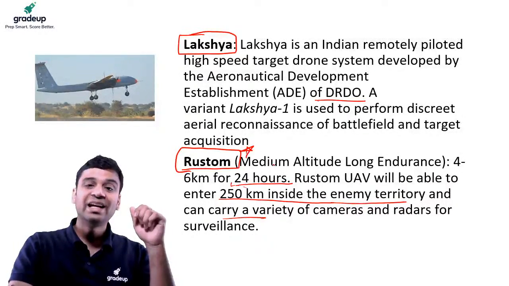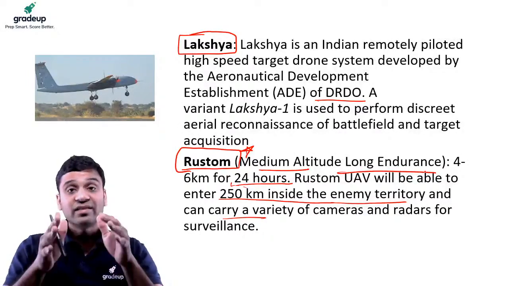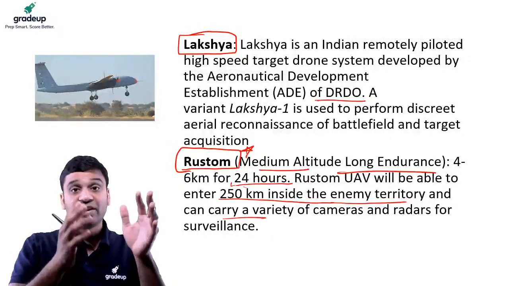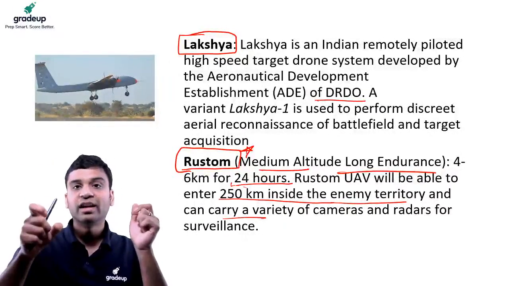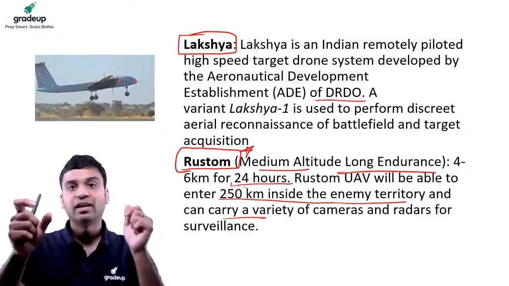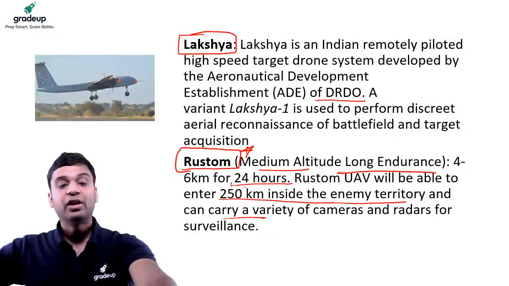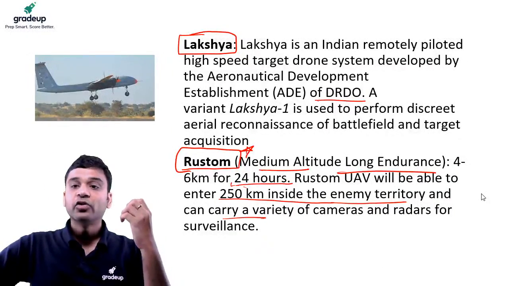Okay, this is a medium altitude, long endurance unmanned aerial vehicle. So if you add artificial intelligence, if you add facial recognition to this, you can map which terrorist it is, whether a Jaish-e-Mohammed terrorist or an LET terrorist, just like the USA had used for capturing Osama bin Laden, right? So like this, the possibilities are actually endless, right?